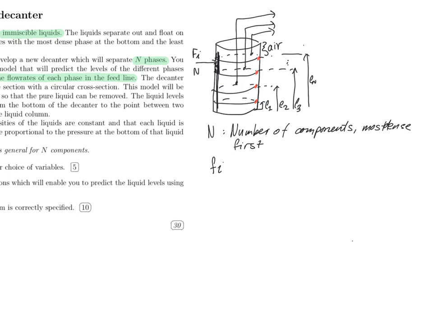So if I is something like cubic meters per hour of component i, rho i is the density of component i.